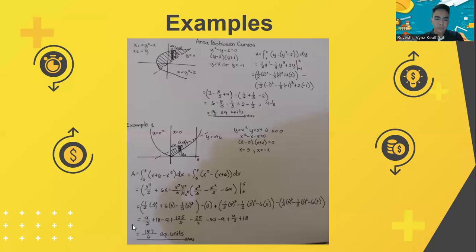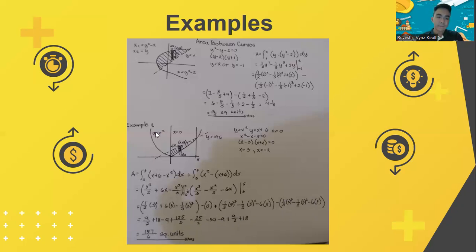So it is equal to 9/2 plus 18 minus 9 plus 125 over 3 minus 25 over 2 minus 30 minus 9 plus 9/2 plus 18. So the final answer is equal to 157 over 6 square units.